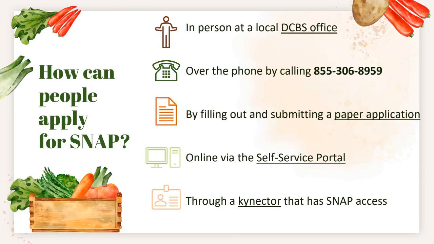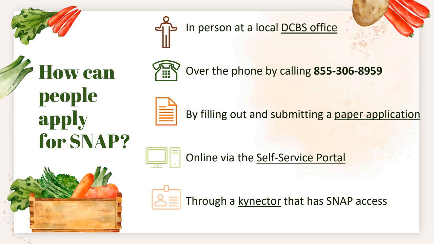So this is going to be really where your work in libraries and in different resources, this is where we start kind of hitting the pavement. So if you have folks who are experiencing some kind of food insecurity, who are hungry, who need assistance from a nutrition standpoint, this is how folks can apply for benefits. There's a number of different ways.